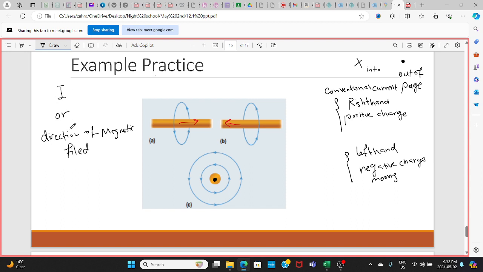One of those will be given and you have to find the other one. Let's say the current will be given and then you need to find the direction of the magnetic field. Or the magnetic field will be given and you need to find the direction of the current using the right hand rule or left hand rule. But mostly I'm going to give you the right hand, right?